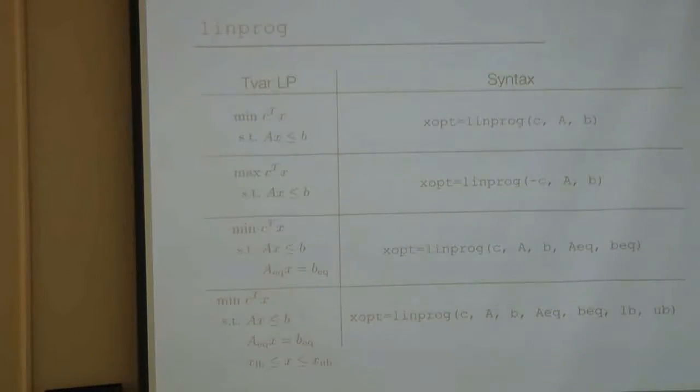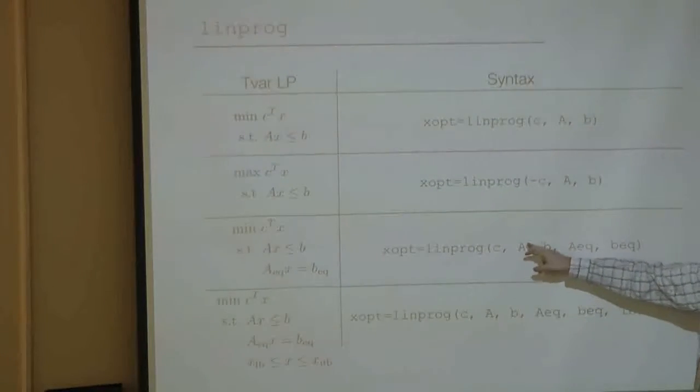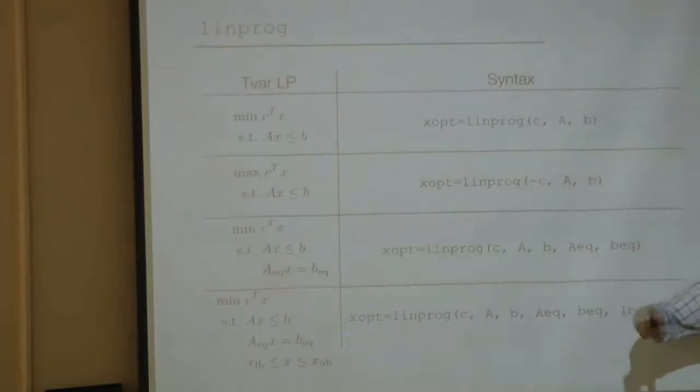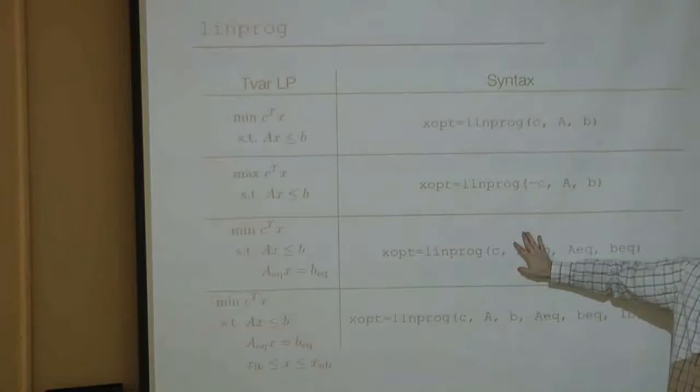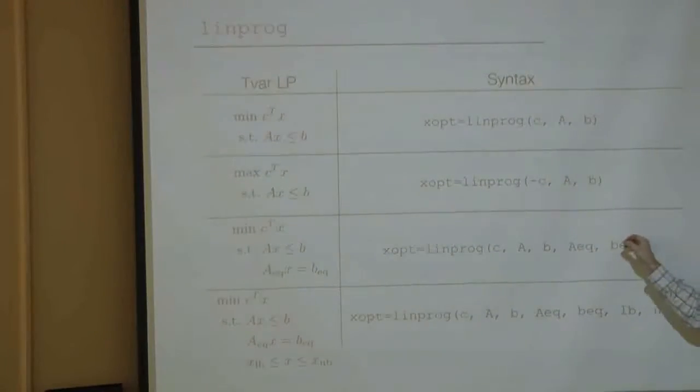If you have a problem with no inequality constraints and only equality constraints, you would use this formulation, putting empty matrices for the inequality part. That tells linprog that you have no inequality constraints and you have equality constraints. So in other words, don't just remove that, because that would make linprog think that these are actually inequality constraints.